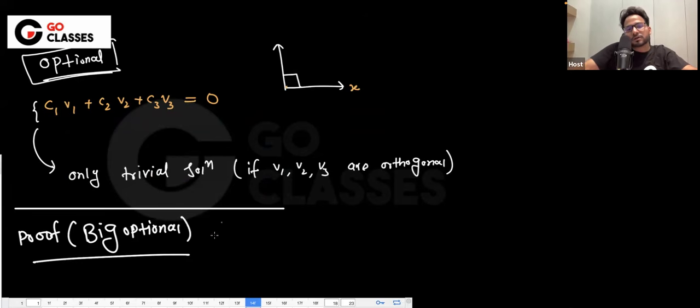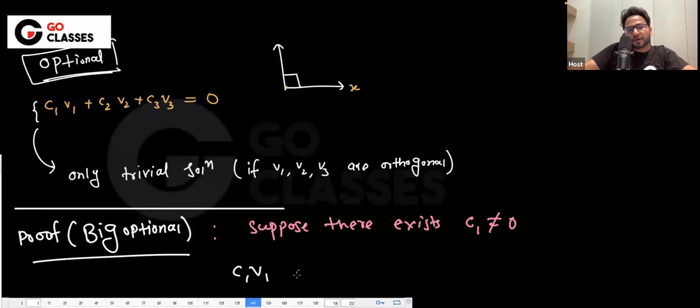Suppose there exists c1 not equal to 0. Then you can write c1 v1 as minus of c2 v2 plus c3 v3, and then you can divide by c1. Okay, that's fine.